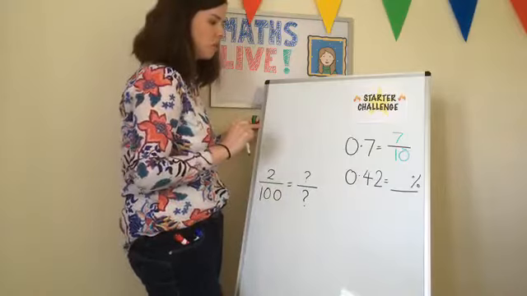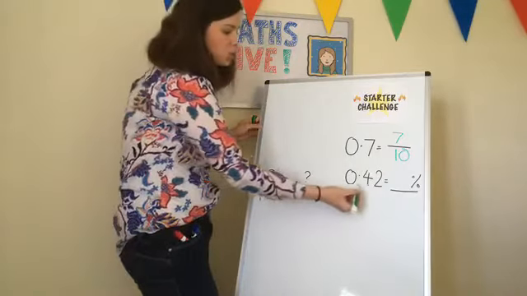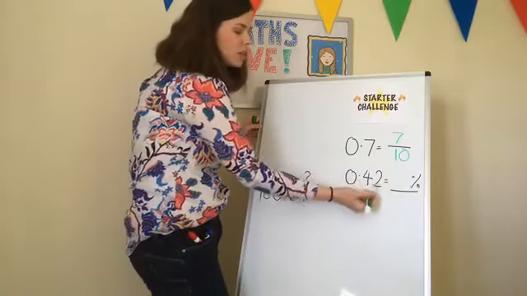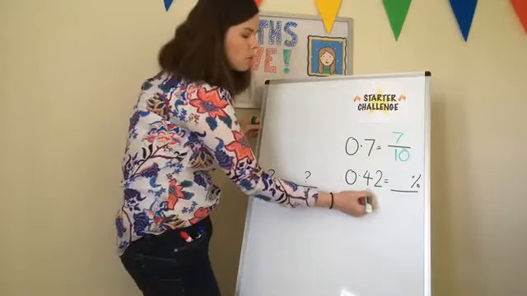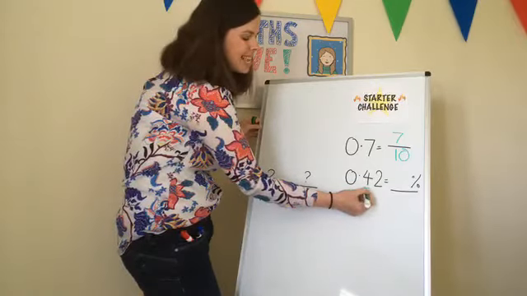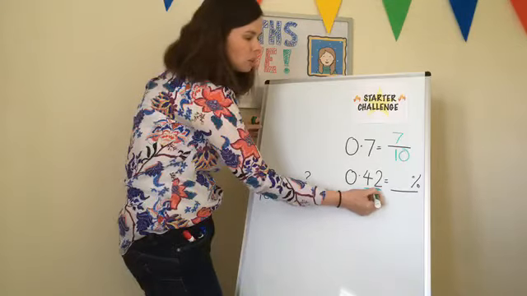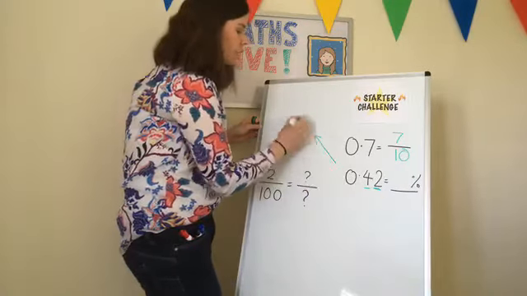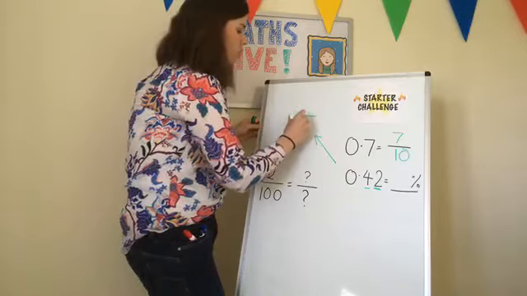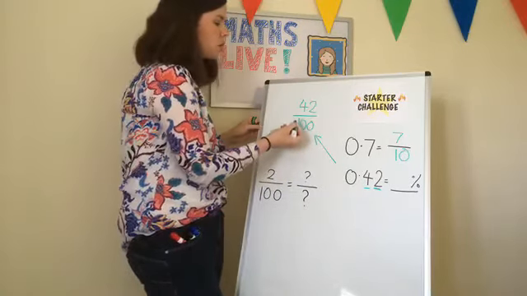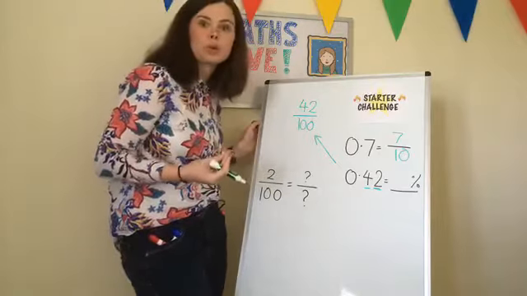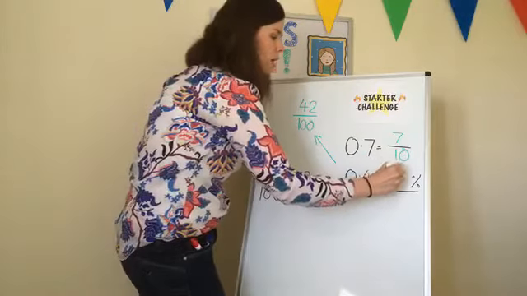Well done if you got that right. Now on this one we're going into percentages. We can go to a fraction first if we like. So 0.42 is in the tenths and the hundredths, so as a fraction it will be 42 over 100, which means 42 out of 100. So that will be 42%.